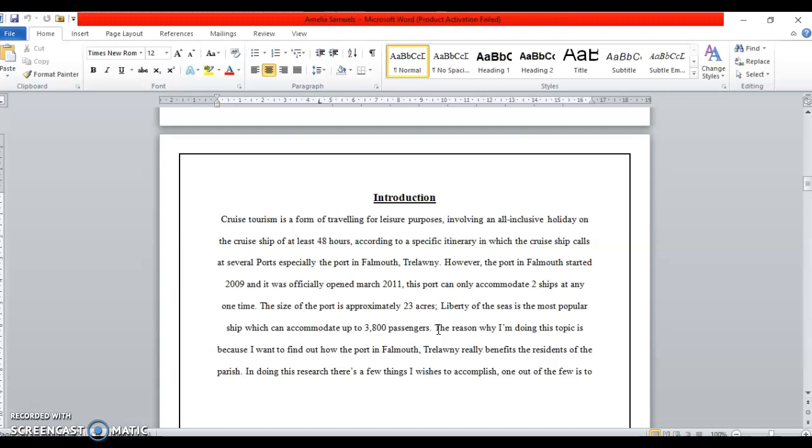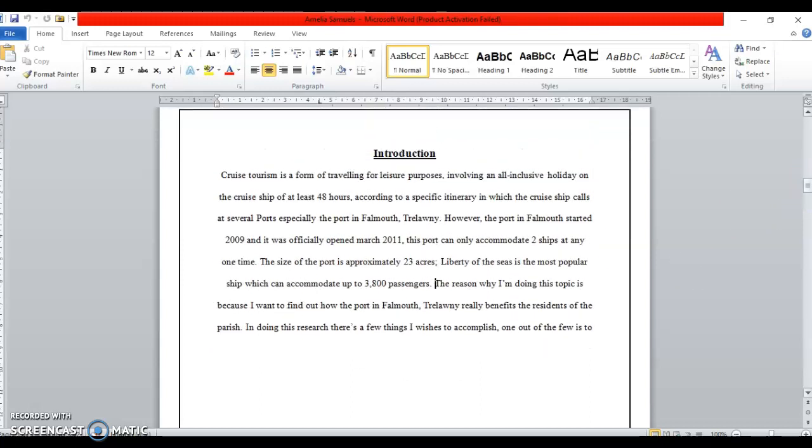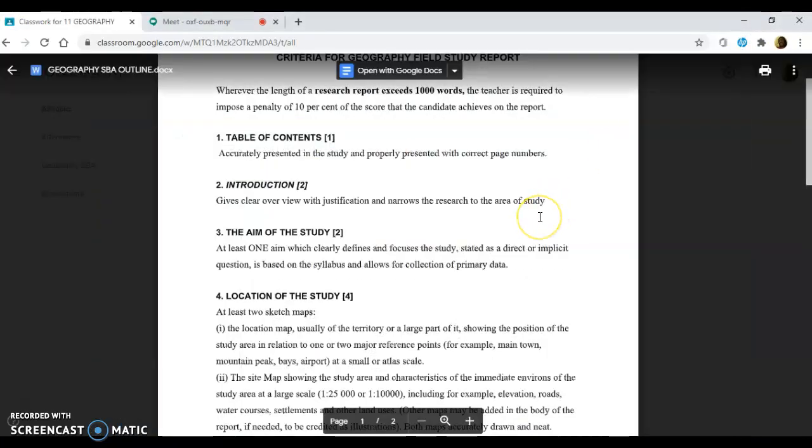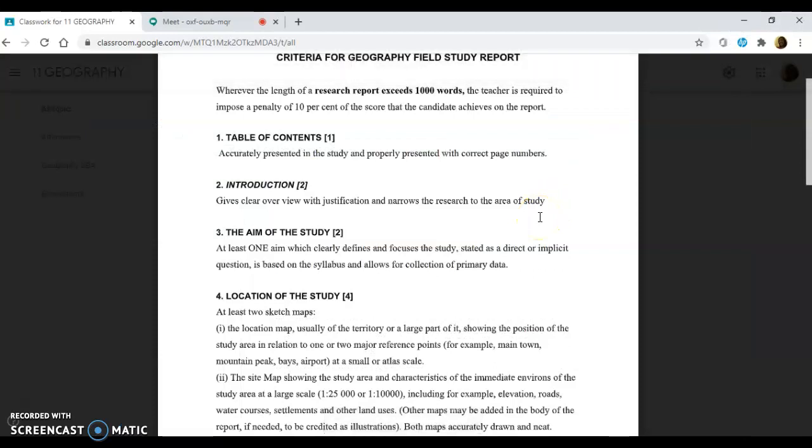One out of the few is to... I think this is incomplete, right? This introduction is incomplete. But the person basically has the overview and they have stated their justification as to why they are doing the study and what they hope to accomplish. Does everybody understand so far?